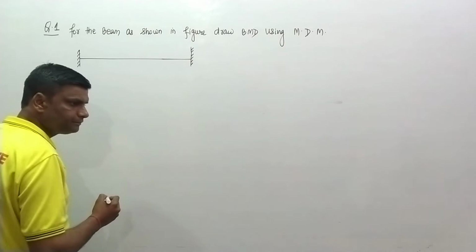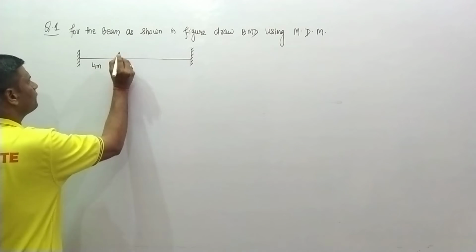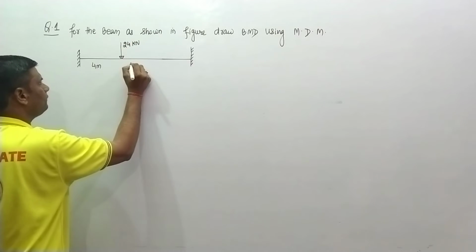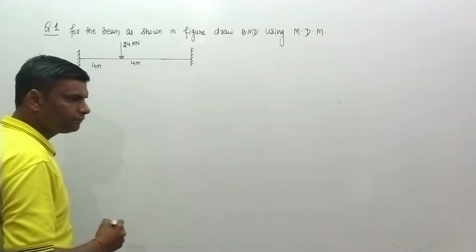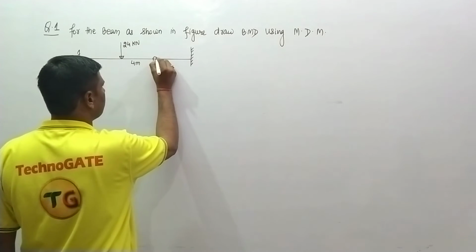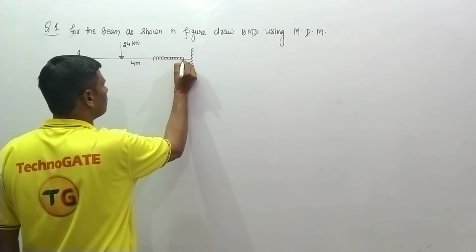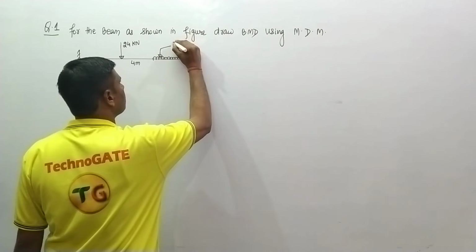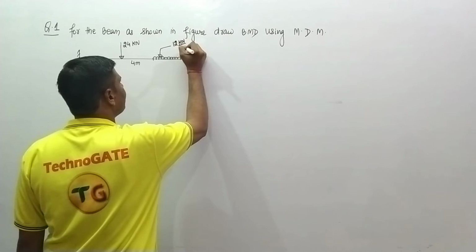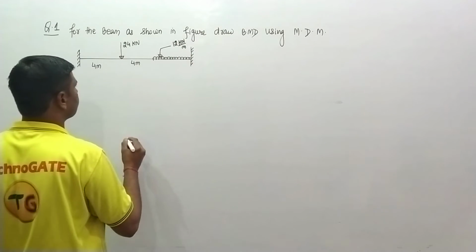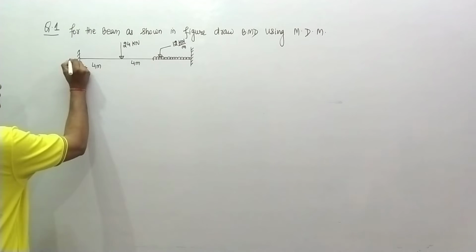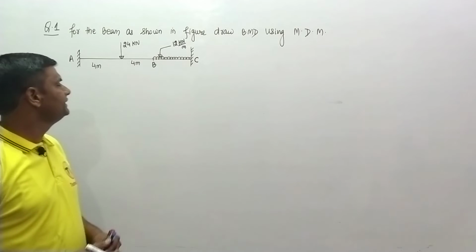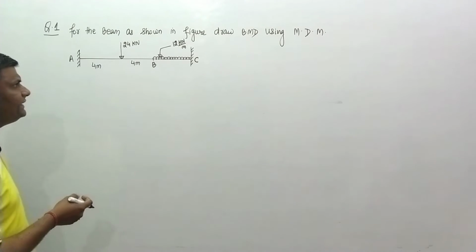This is 4 meter, and at the center location a 24 kilonewton load is there, 4 meter, and here a UDL of 12 kilonewton per meter is there. This is A, B, C. EI is constant.